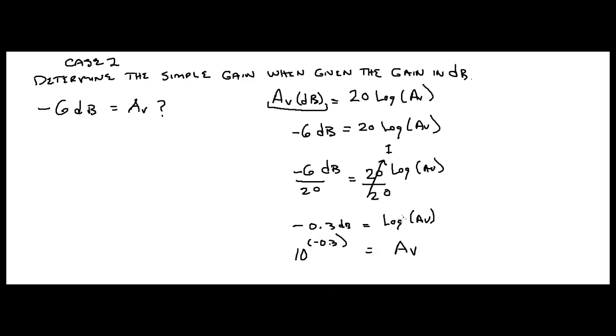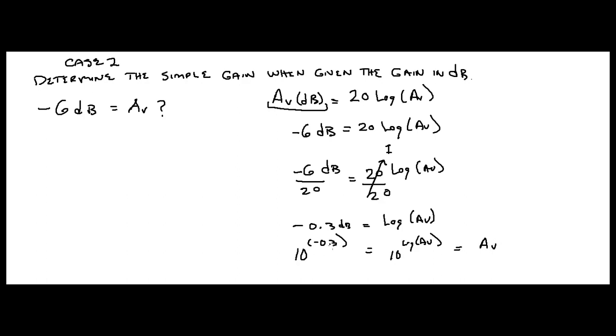I didn't write 10 to the log AV. I guess I could if that would help you. Let's do it. Why not? Keep things consistent, right? The consistency is always good. It's going to equal 10 to the log AV, which is equal to AV, right?